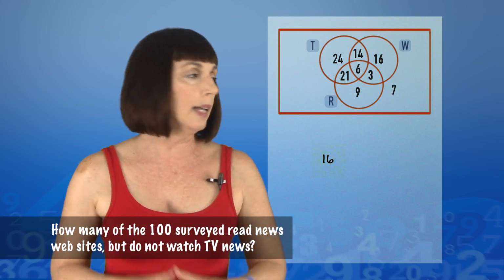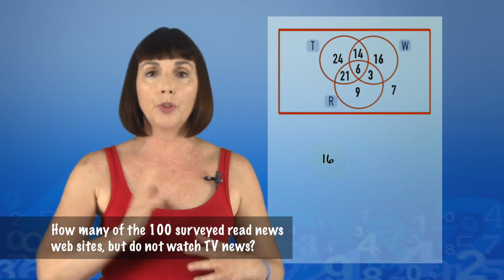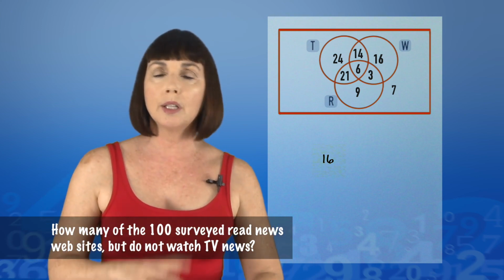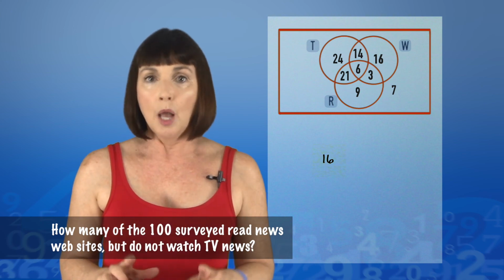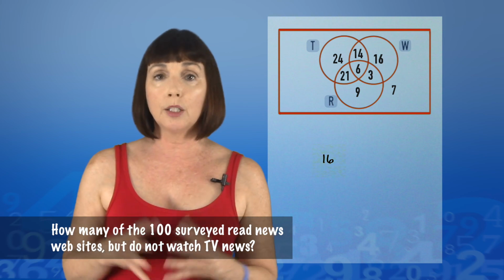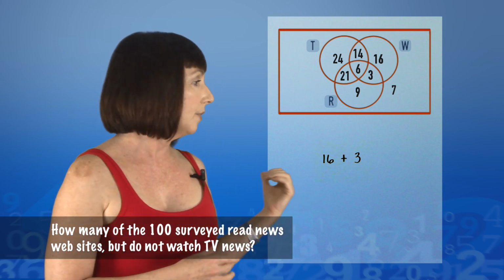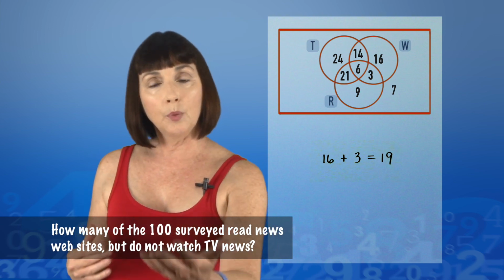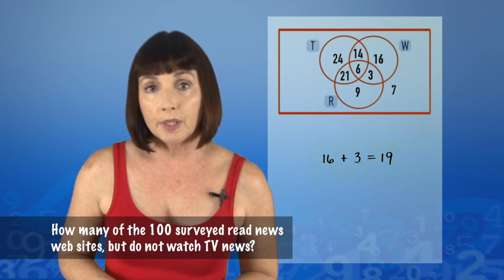Now, we're not going to add in the 14 or the 6 because that's an intersection with the group who watches TV news, and we're trying to figure out which of these people don't do that. But we can add in the people who read news websites and listen to the radio. There are 3 of them, and that's it. So we have 16 plus 3 equals 19.